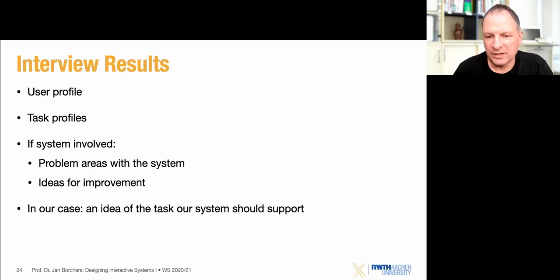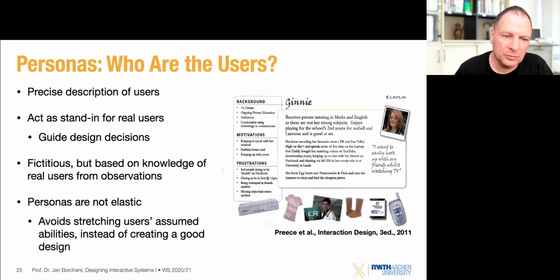So let's assume you've done some interviews with users to understand the task better, and you want to aggregate this in some way. You want to put this together. For users, there's a nice way of doing that, and that format is called personas. Personas are precise descriptions of users, but they are not real people.